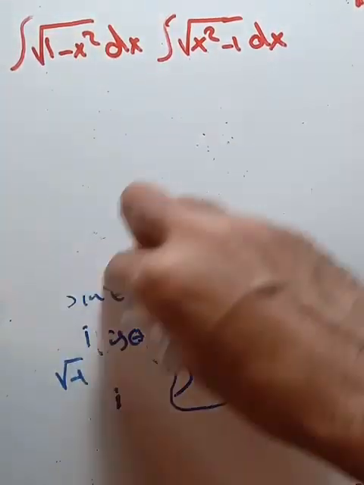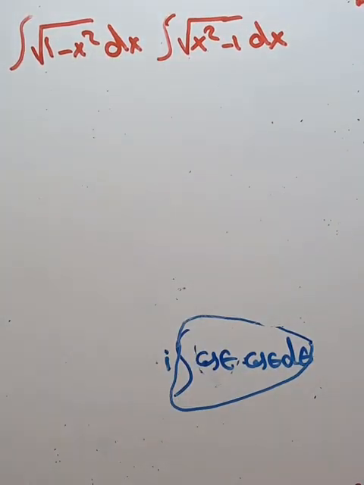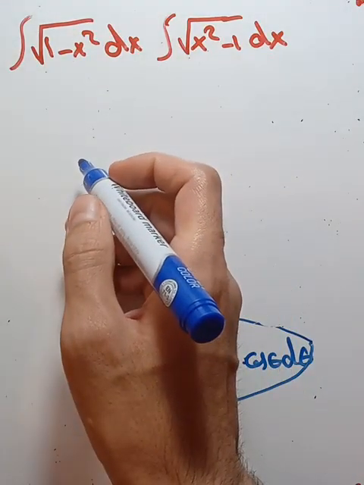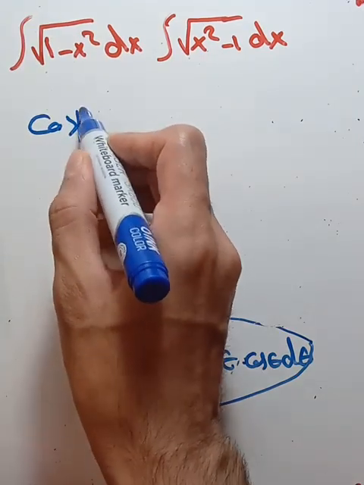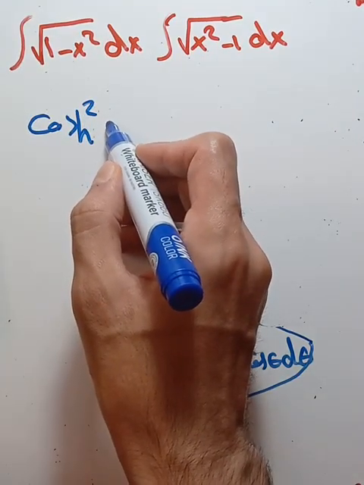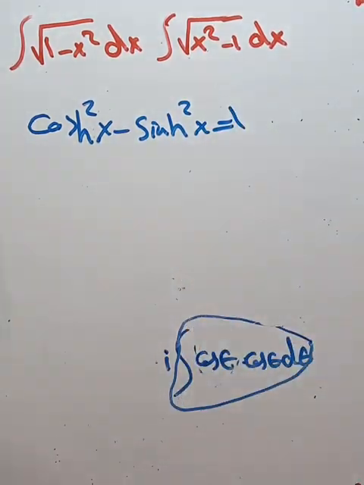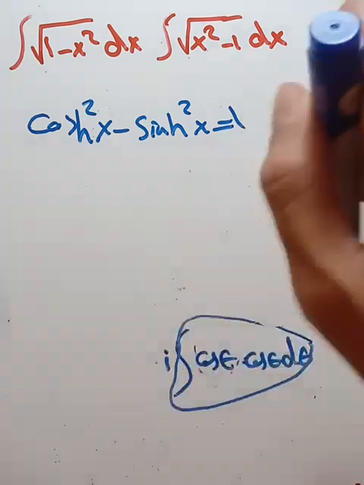But we can use two functions which are called sine hyperbolic and cosine hyperbolic, for which this relation exists: cosine hyperbolic squared of x minus sine hyperbolic squared of x equals 1. I'll talk about the hyperbolic functions in a minute.